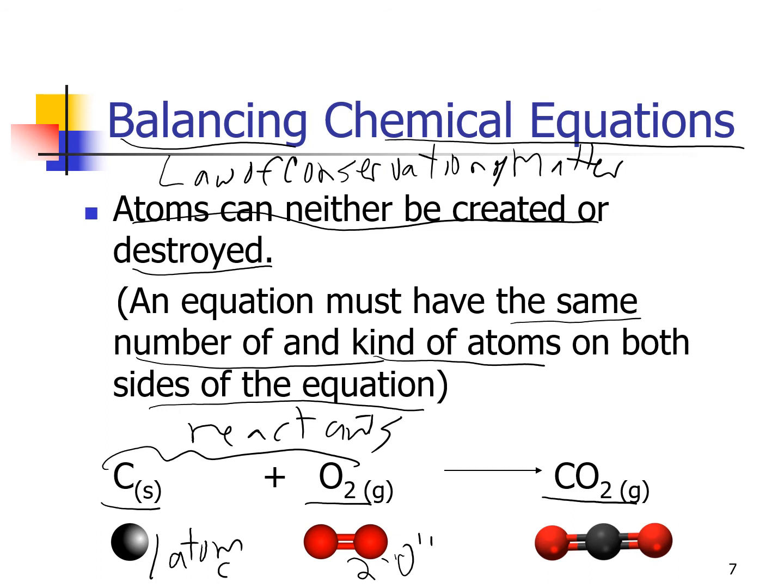In our product, CO2, we have 1 carbon atom and we have 2 oxygen atoms. So we can check to see if our chemical equation is balanced. We can count again on the left. I'm going to check 1 carbon, 1 carbon. On the right, 2 oxygens, 2 oxygens. This chemical equation is already balanced. Some of them may not be, and we will be learning how to balance those that are not already balanced.